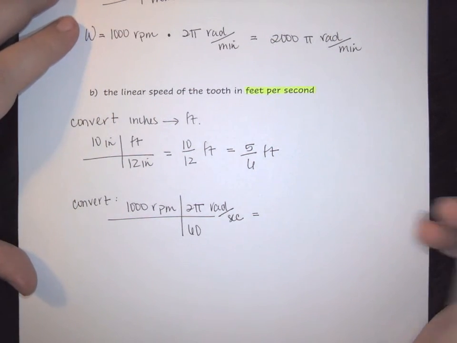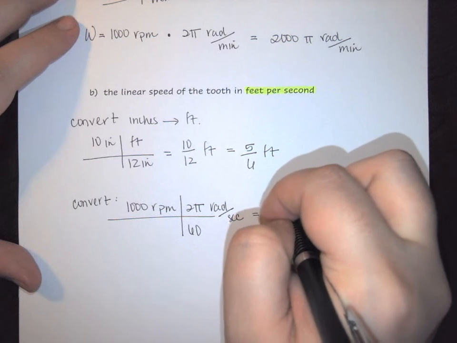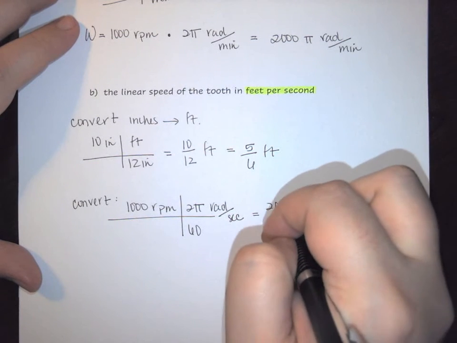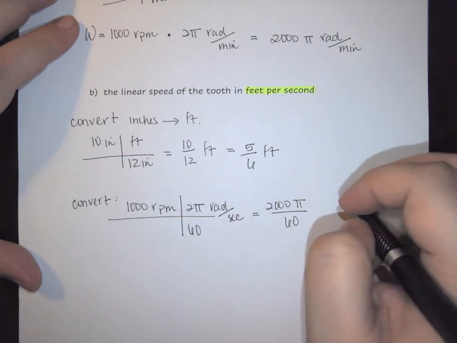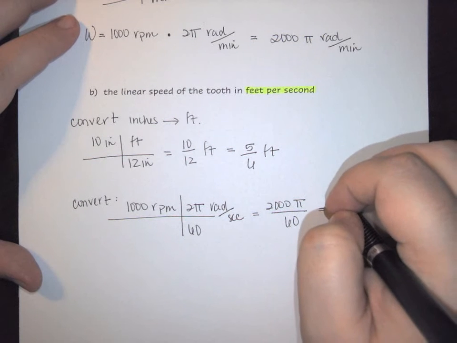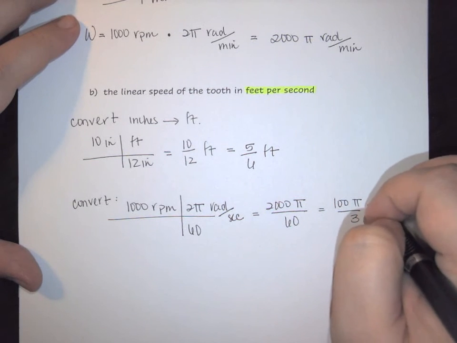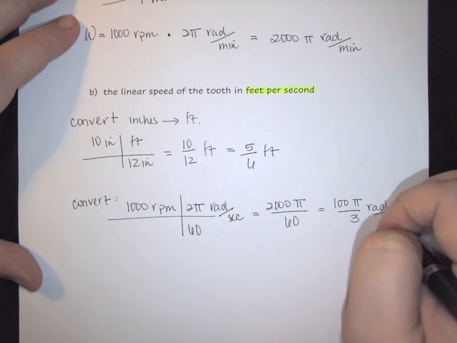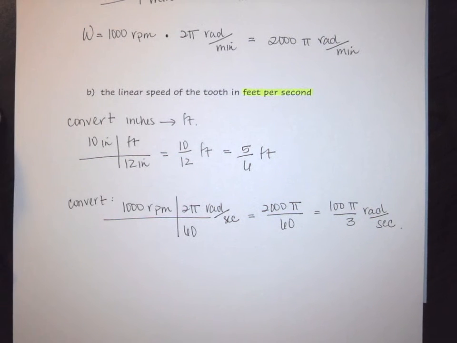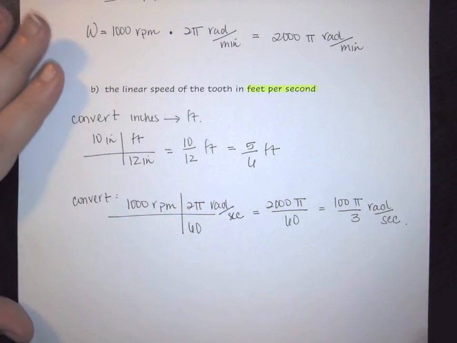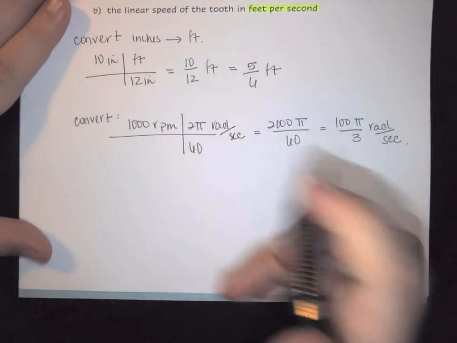And so in this case, we're going to end up with 2,000 pi over my 60, which is going to reduce down to giving me 1,000 pi over 3 radians per second. Now with that, I can actually convert my linear speed.